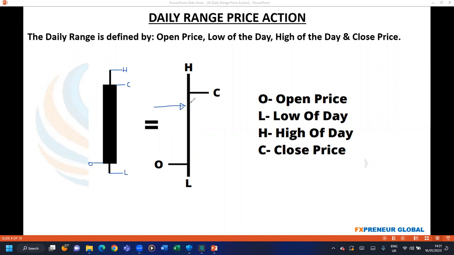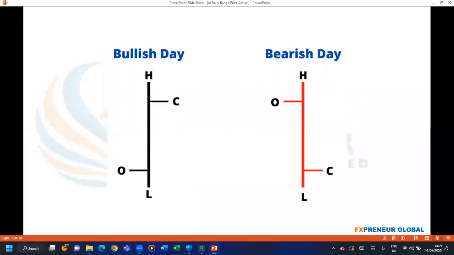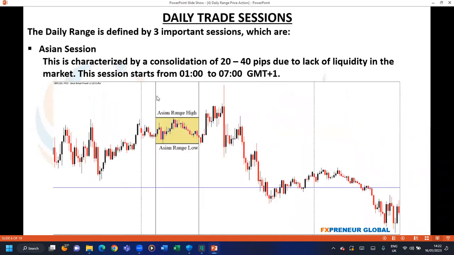So that's talking about the daily time frame. The O shows where it opens, the L is the lowest price, the H is the highest price, then the C is the close of the candlestick. This is the representation of the bullish and that of the bearish.